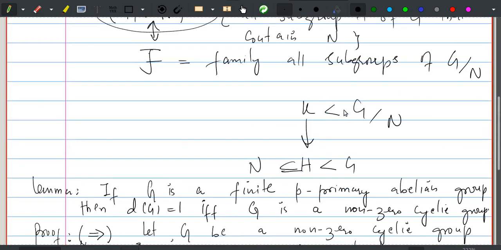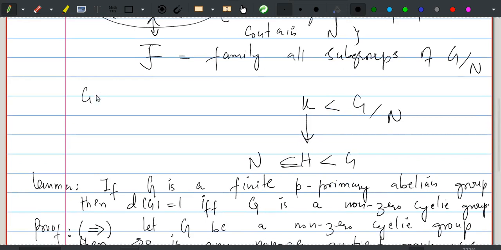If this G mod pG is 0, this means G is equal to pG.